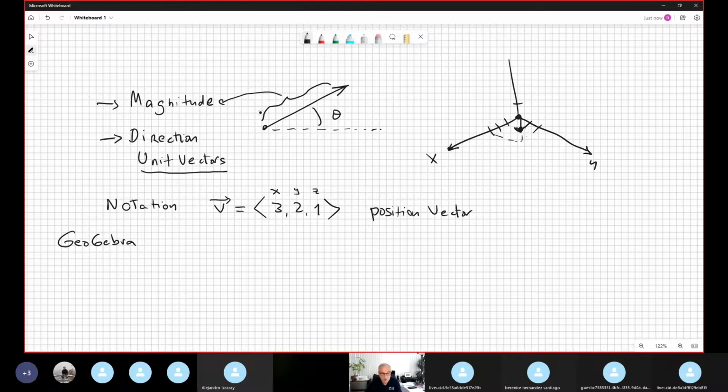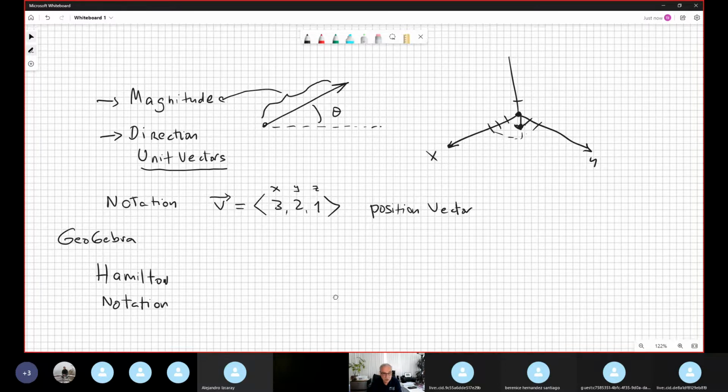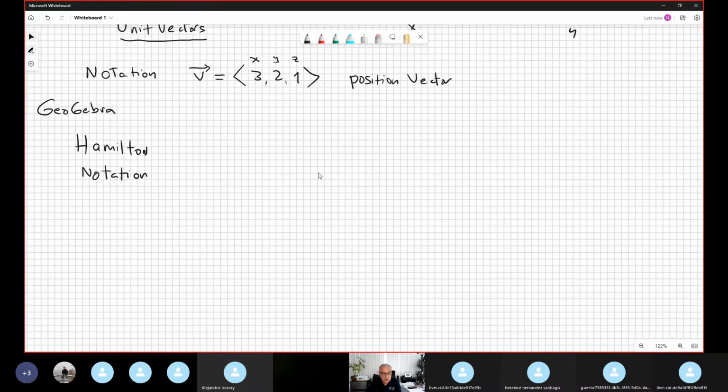Okay, so now, but we have another notation that I like so much, which is the Hamilton notation. The Hamilton notation defines 3 univectors, which in 3D is the classical trihedral. When you're talking about the trihedral, it is the 3 vectors because they are important for some reason.